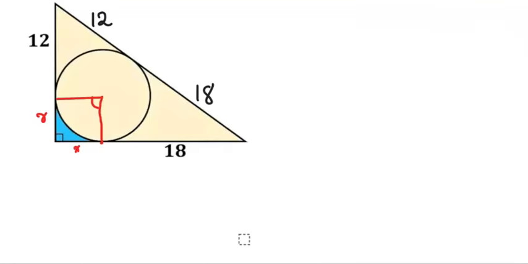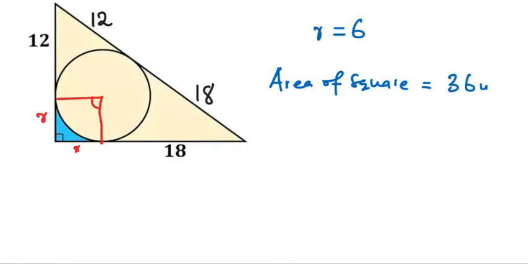So let us take note again that we are looking for the area of the shaded region. So r is equal to 6. Therefore, each length of the square is equal to 6 units. Therefore, the area of the square is going to be equal to r squared, which is 36 units squared.